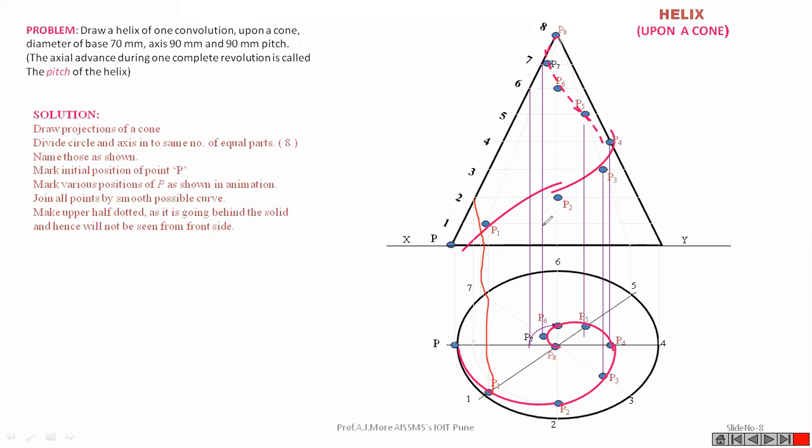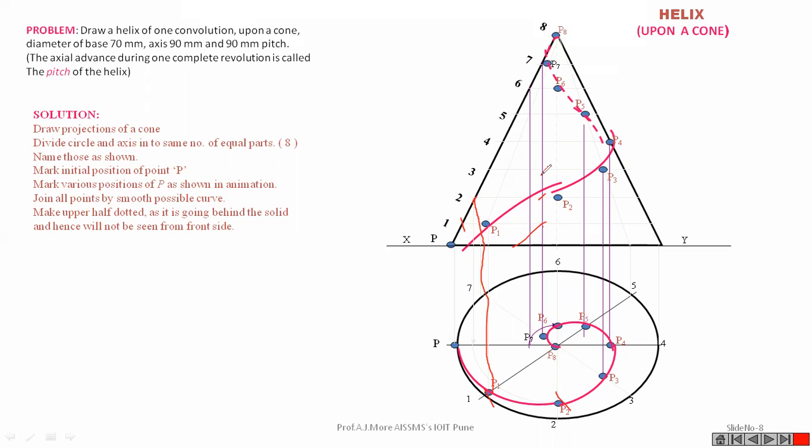Another method: this point to center, 1 to center, 1, center to 2. All these points you have to mark on the corresponding lines. This distance, from center to this point, I have to take into the compass. Similarly, this distance 2 to 2 dash, I take into the compass, and take the projection from the origin, and mark the second point.